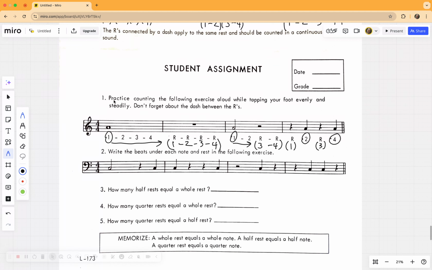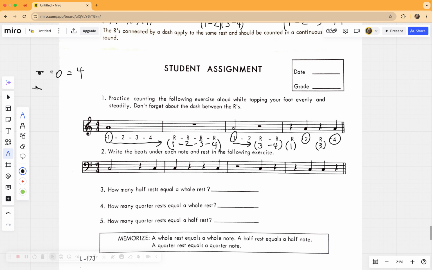Let's go down here. Write the beats under each note and rest in the following exercise. So there it is. So if it's a 4-4, this is a half note. The first note we see in this example is a half note. So we know the half note. Let's put our little cheat sheet right here. The whole rest or the whole note equals 4 beats.